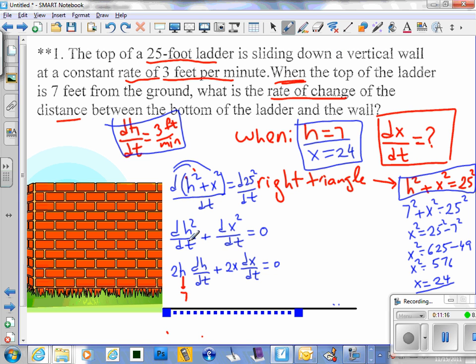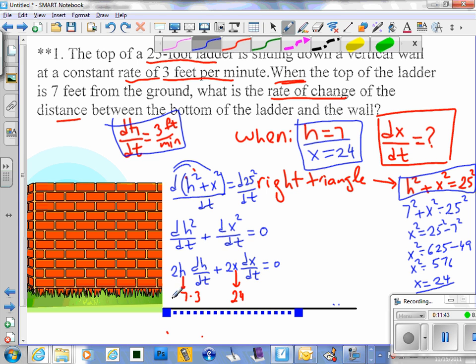So the change of height per time is going to be 3, so this is going to be 3 times 3. And x is going to be 24, just got it from here. Do we know anything else? No, we need to find this one, which is asked here.